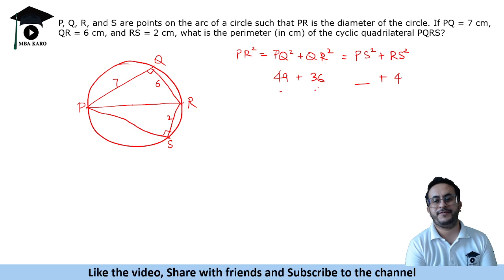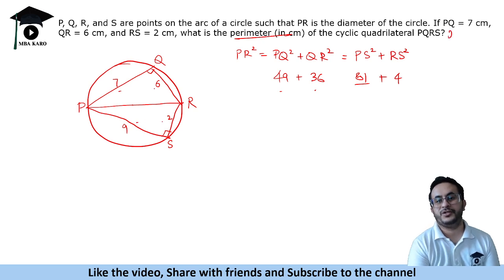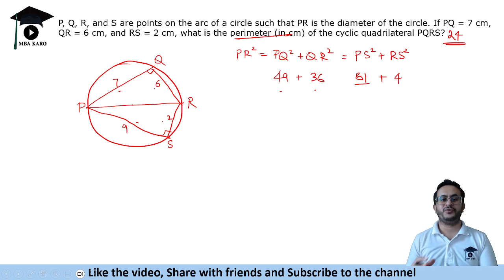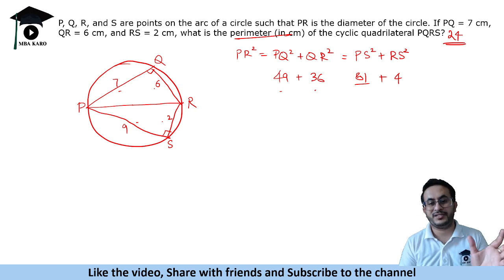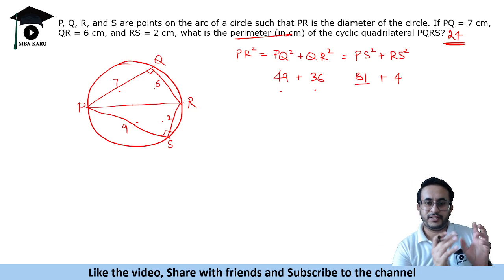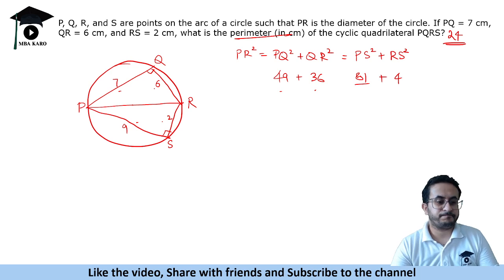So this is 85, PS square is 81, so PS will be 9. We need to find the perimeter. So 7 plus 6 is 13, plus 11, 24 is the perimeter of this quadrilateral. It's a very simple question. Just that if you are given a diameter, you know that the triangle formed is a right-angled triangle. That was the key here. I hope all of you got this one correct.